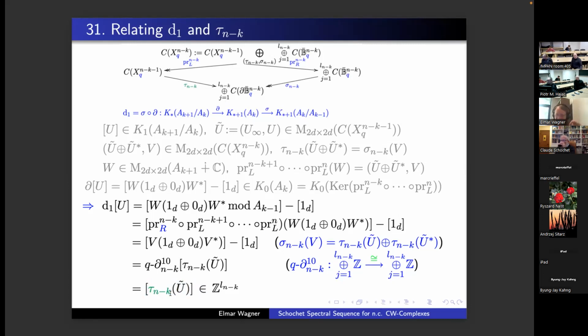So the D1 is, modulo some trivial homomorphism, exactly the map induced by Tau and n-k. So that makes it very close. Classical and quantum in E1 are really the same. And now with Richard's remark that we should consider continuous deformation, this might give the result.